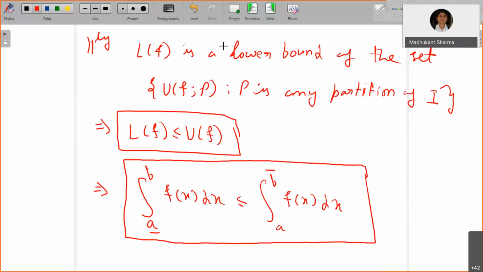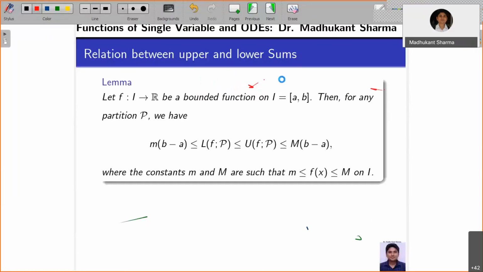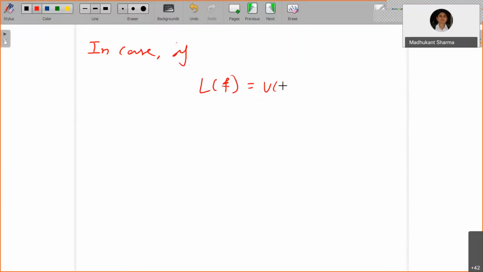So in case L of f is equal to U of f, we say that f is Riemann integrable.